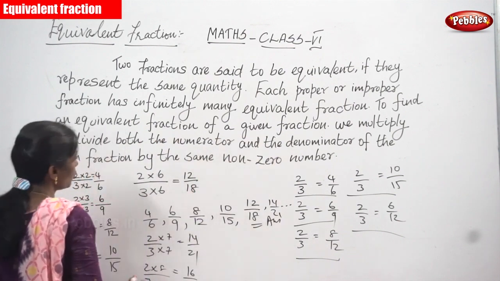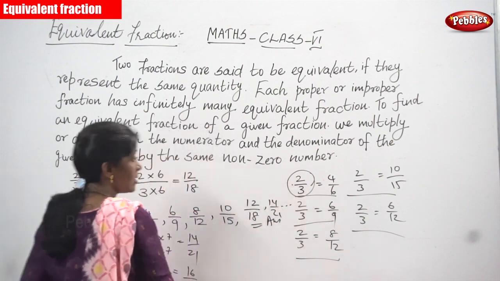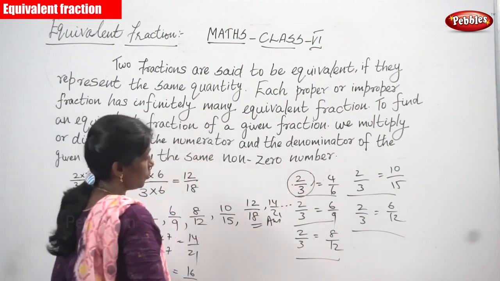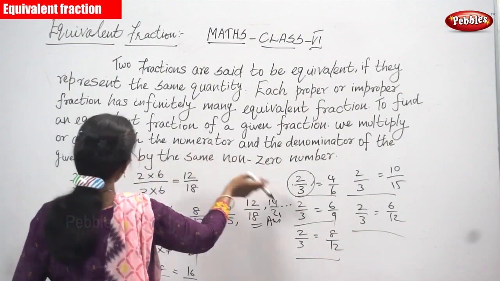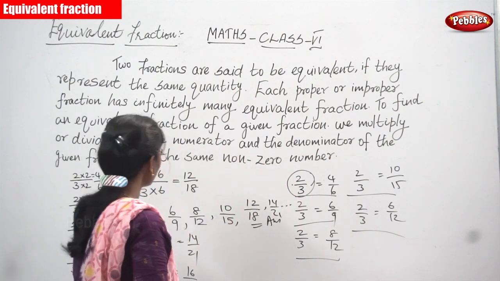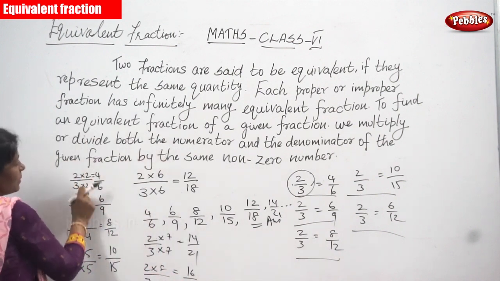And to find an equivalent fraction of a given fraction, 2 by 3 is the root fraction, the given fraction in the book. We multiply or divide both the numerator and the denominator of the given fraction by the same number.